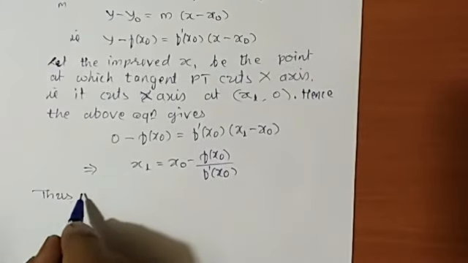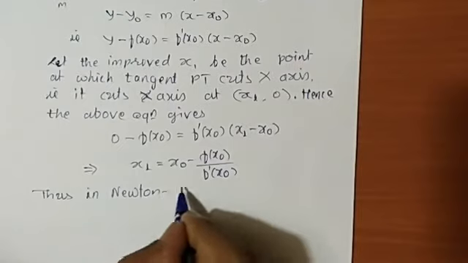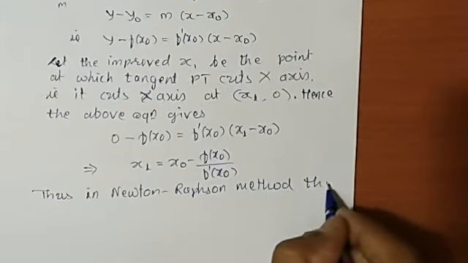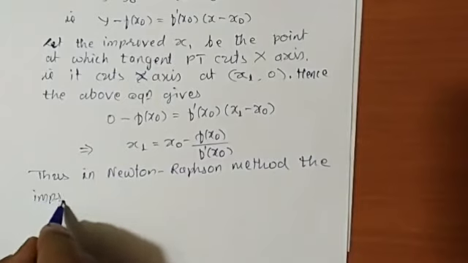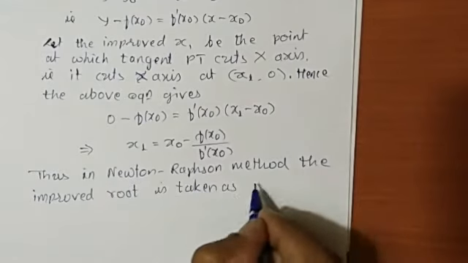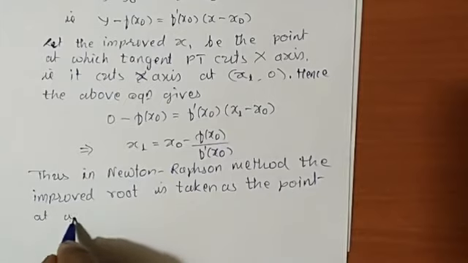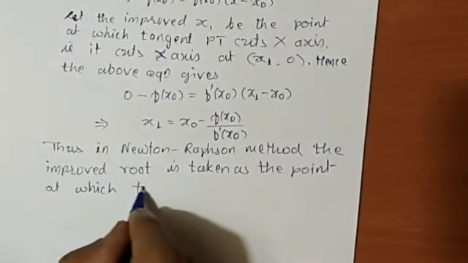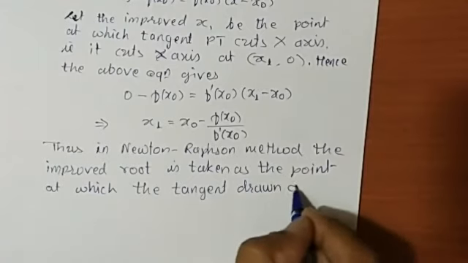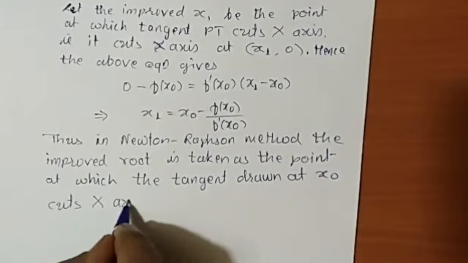On similar lines, in the Newton-Raphson method, the improved route is taken as the point at which the tangent drawn at x naught cuts the x-axis.